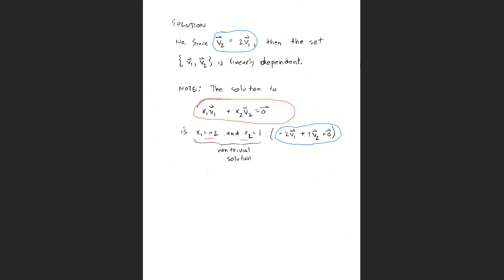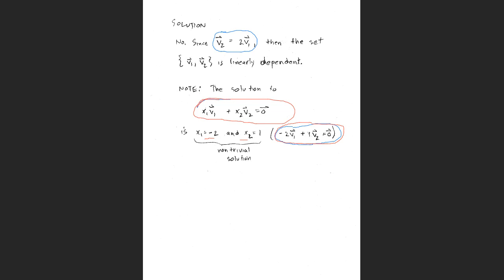Basically, if the vectors are linearly dependent, then there is a non-trivial linear combination of the vectors that will add up to the zero vector. If the vectors are linearly independent, then the only linear combination of vectors that would add up to the zero vector would be where all your coefficients are zero.